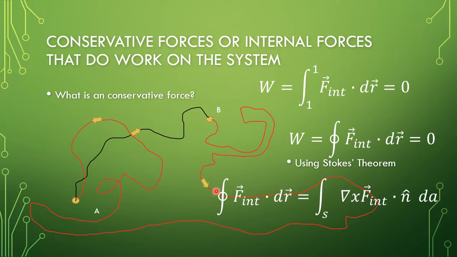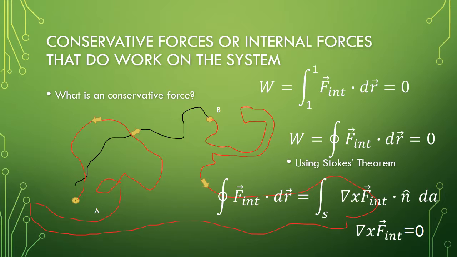If this integral is zero, the only way that happens is if this term is zero. So this is how we find out if our force is conservative or internal: if we take the curl of our force and that curl is zero, we have an internal or conservative force. That is a key thing that you need to remember.